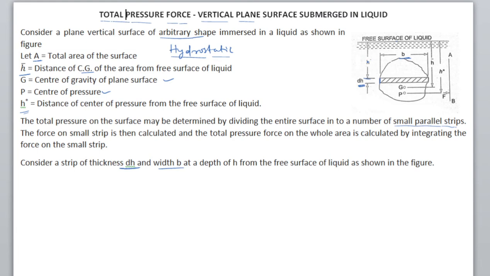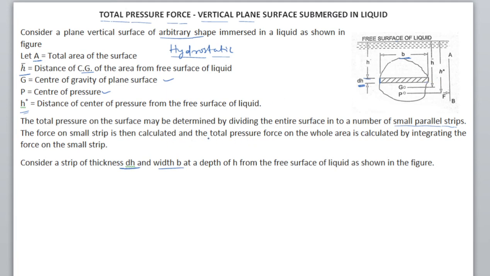So we have taken an elemental area which has a thickness of dh and width of b, and it is rectangular in shape.